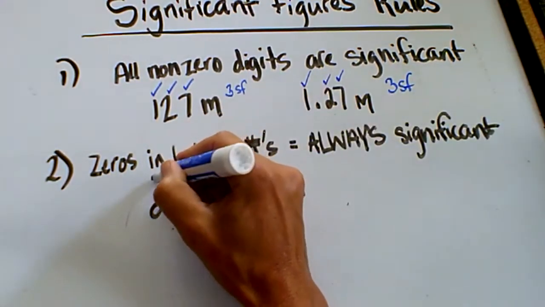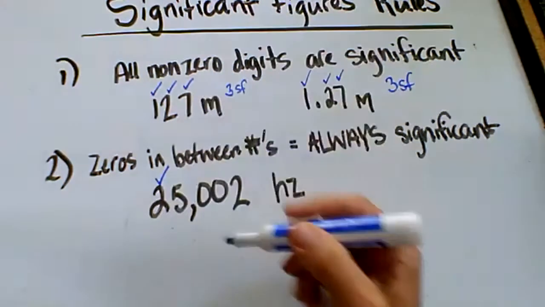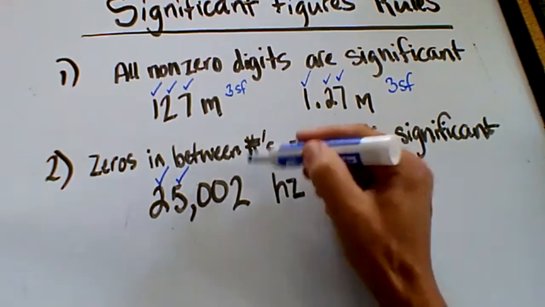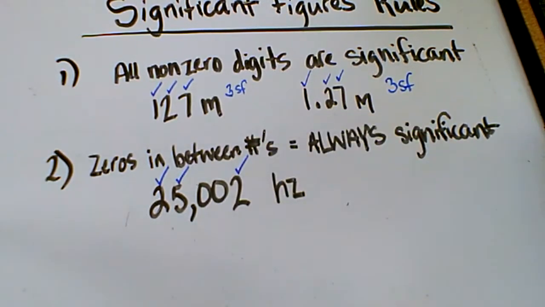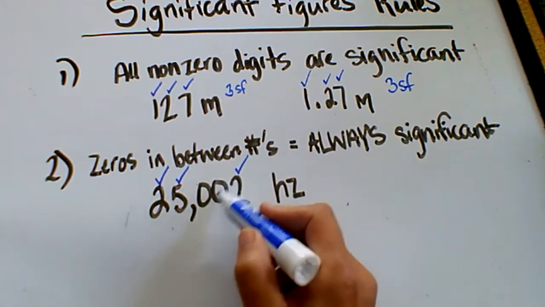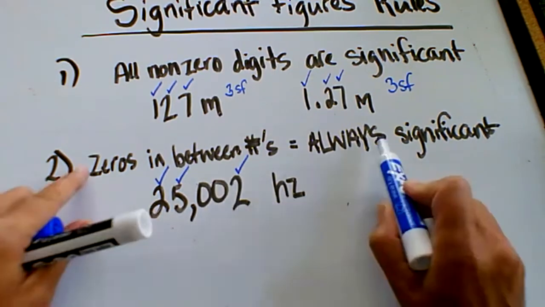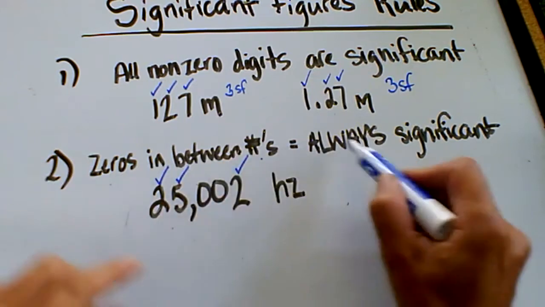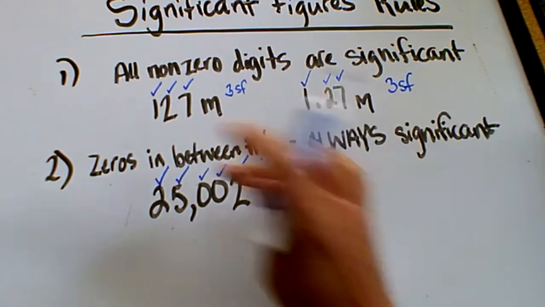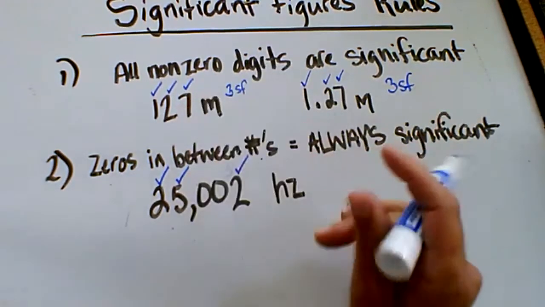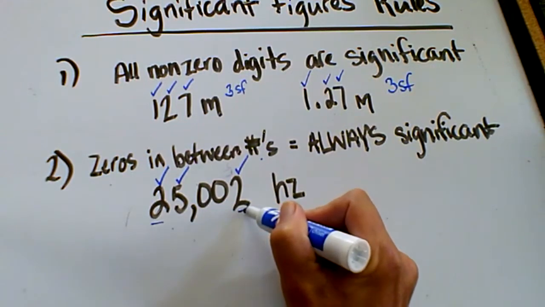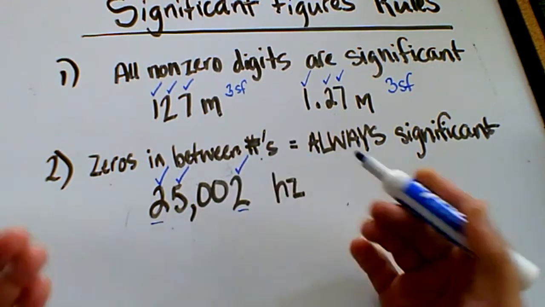Well, this is a non-zero digit, it's significant. This is a non-zero digit, it's significant. This is a non-zero digit, it's significant. I can look at this in two ways. Anytime I have zeros that fall within numbers, zeros between numbers, they're always significant, right? And the other way I can look at this is I'm never going to have this number be significant and this number be significant, and then everything in between is going to be significant.